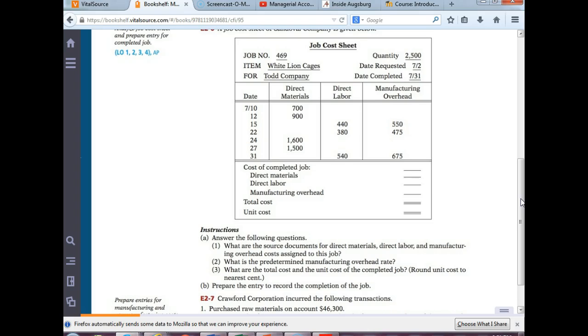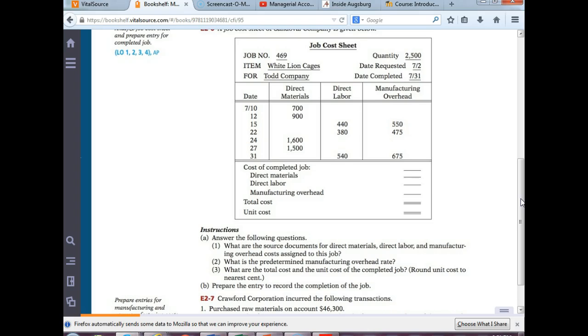How are we going to figure that out? Exactly. 550 divided by 440 gives us 1.25.